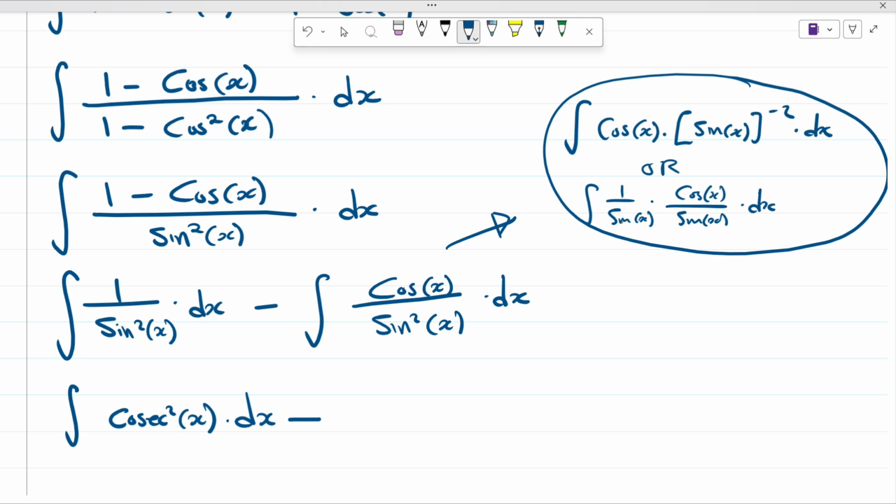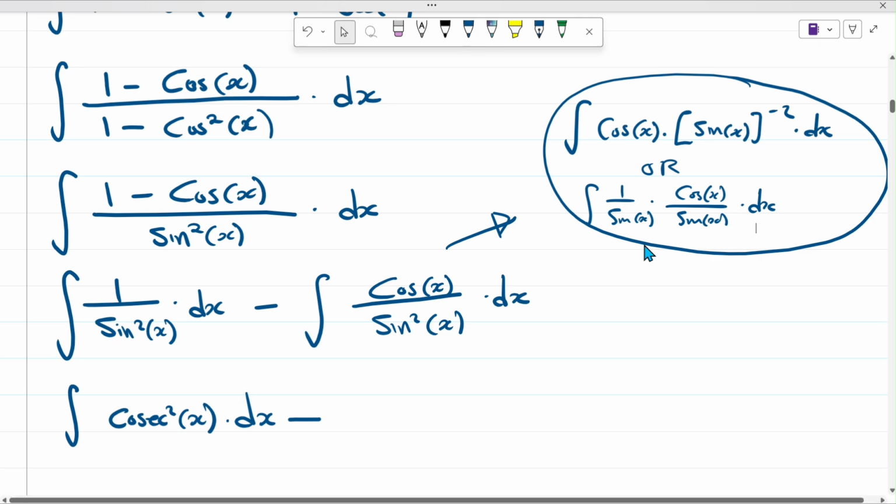What happened here is that we split this sine squared into sine, and then 1 over sine and cos over sine, so that we can make use of the reciprocals again.